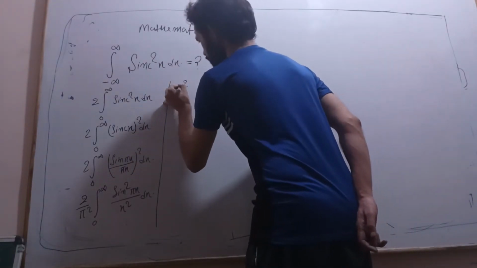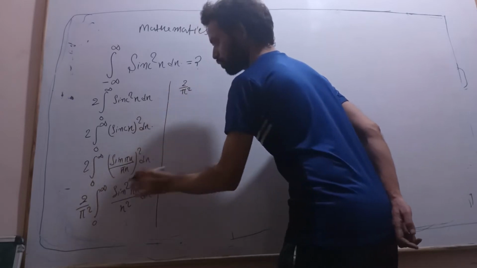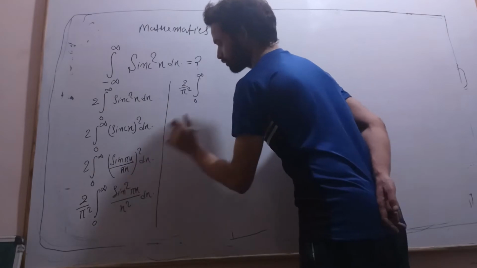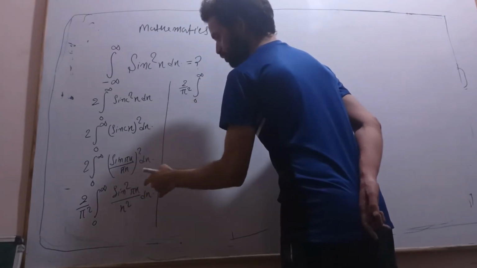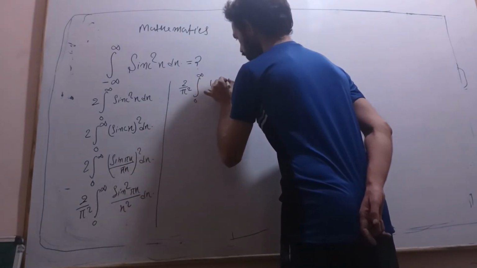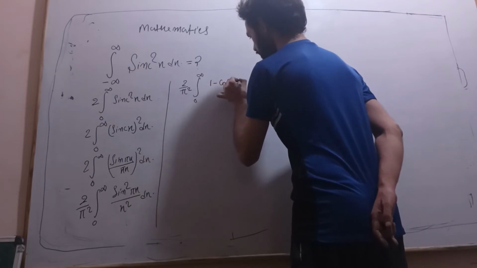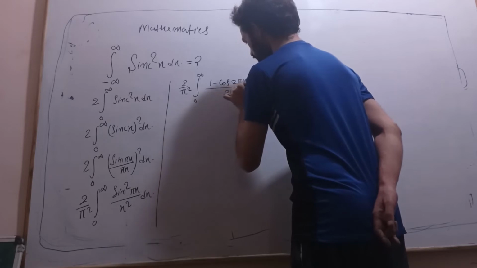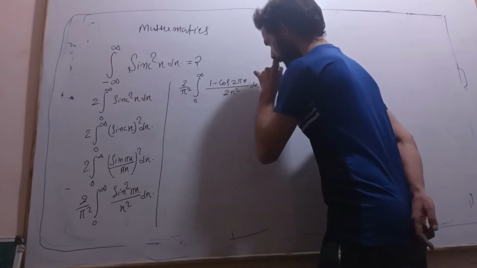This is 2 by pi square times the integration from 0 to infinity. Now sin square pi x is nothing but 1 minus cos 2 pi x divided by 2, over x square dx.